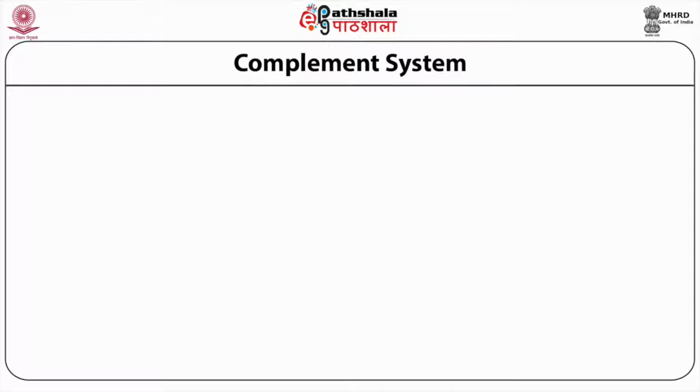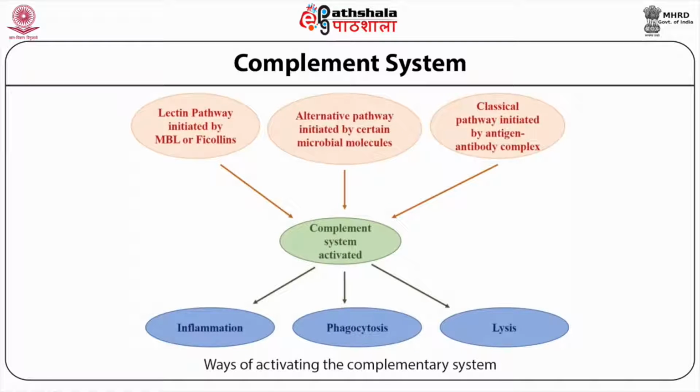We have talked of the complement system a couple of times before. Let us briefly look at it. The complement system consists of 20 soluble glycoproteins which are constitutively present in blood and some other body fluids. Many of these are produced by hepatocytes and monocytes.